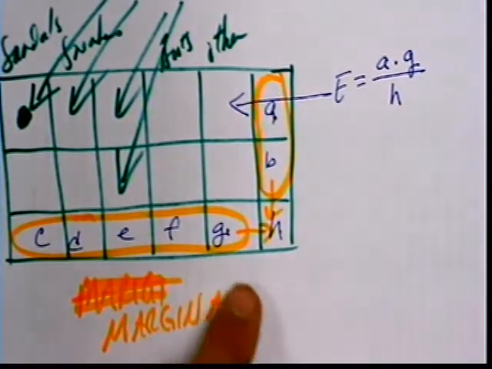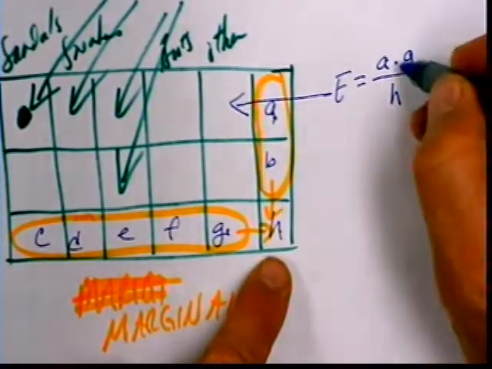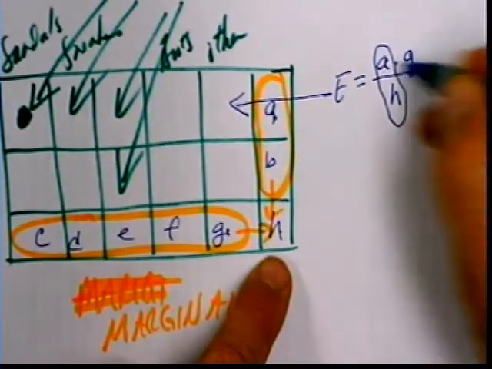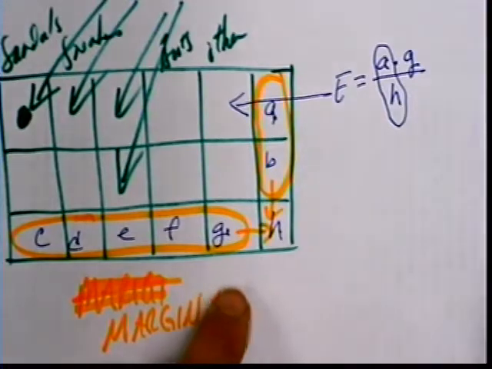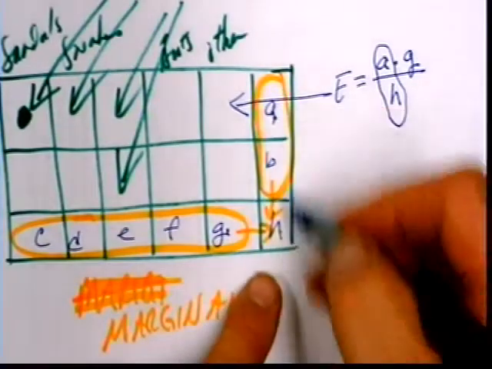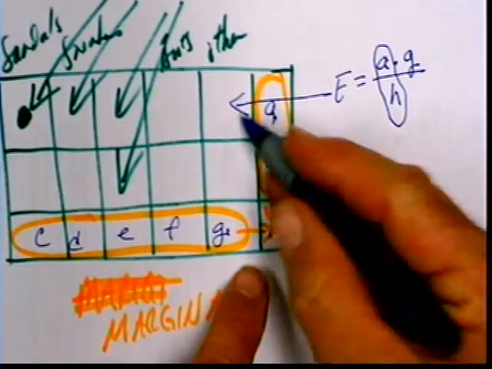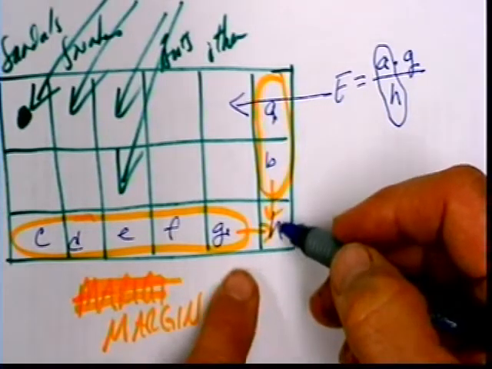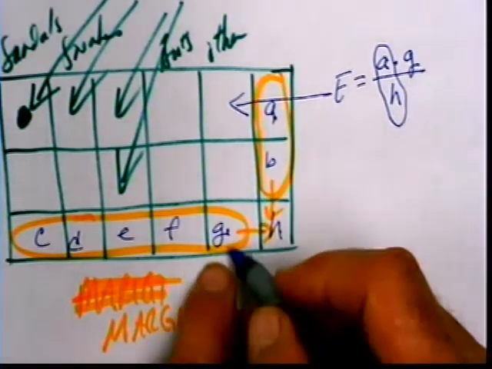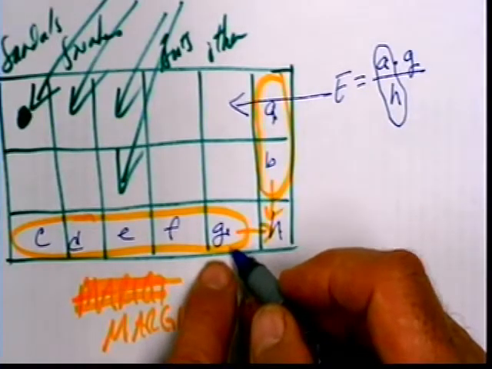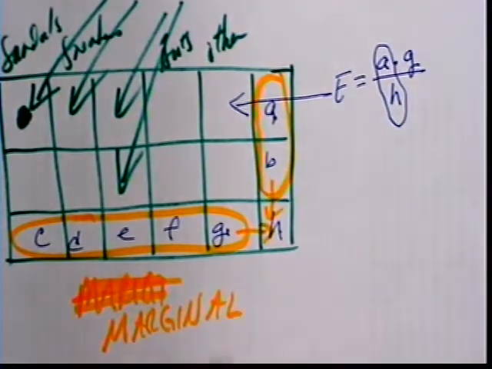A over H is some sort of proportion, some sort of ratio, and if you multiply it by G, you get the actual value. So you can think about it that way.